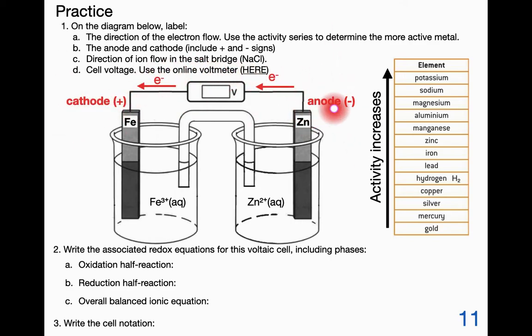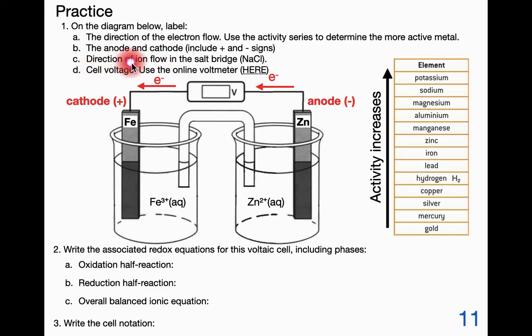And so that is the anode, negatively charged, and the cathode is positively charged. The cathode is the electrode that is less active. Now for the signs, just remember that electrons are negatively charged, so they're going to be attracted to the positive cathode and repelled by the negative anode.